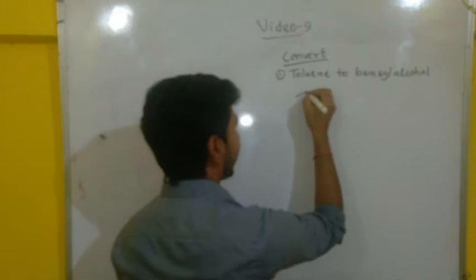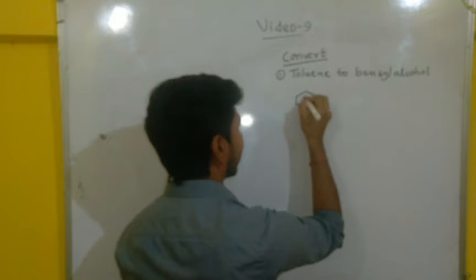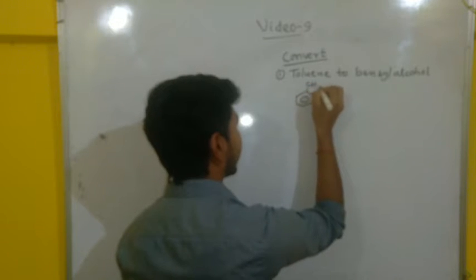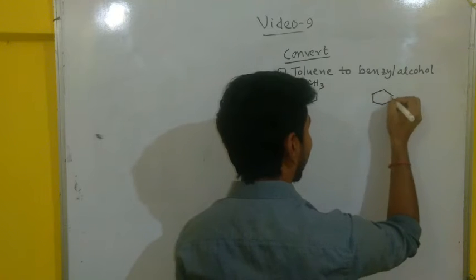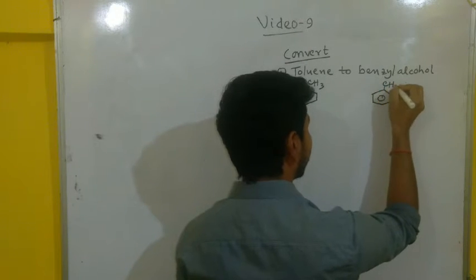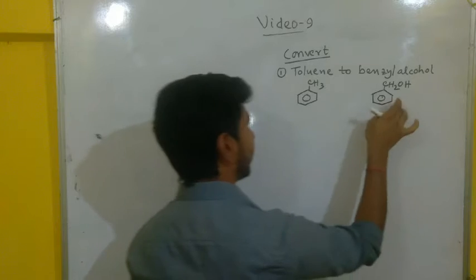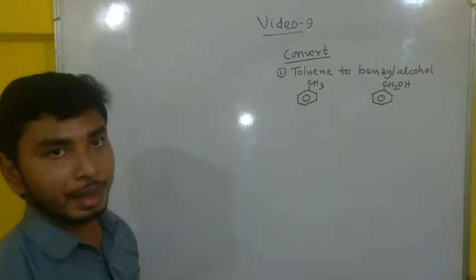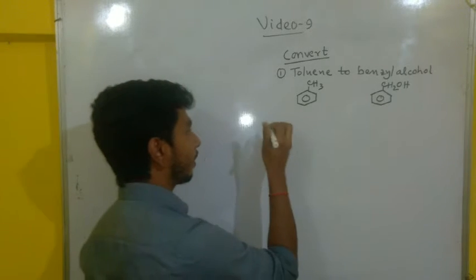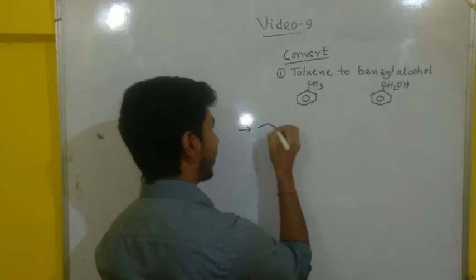Toluene is benzene CH3, and benzyl alcohol is benzene CH2OH. So we have to convert toluene to benzyl alcohol. How can we convert toluene?